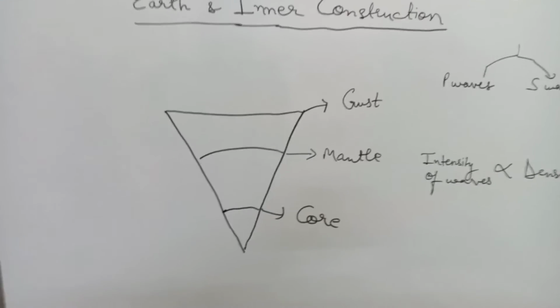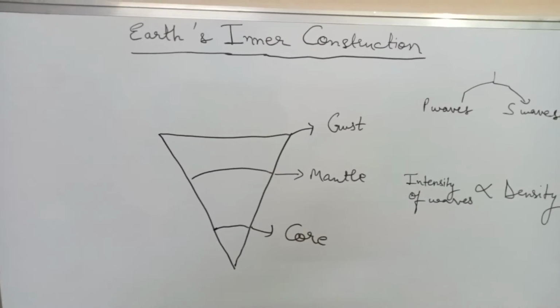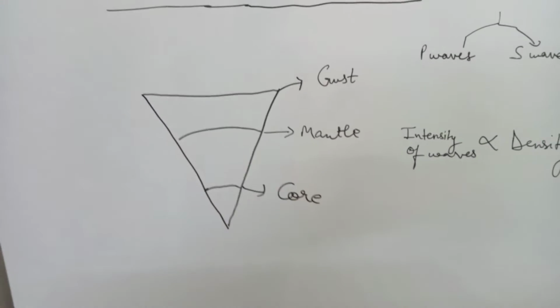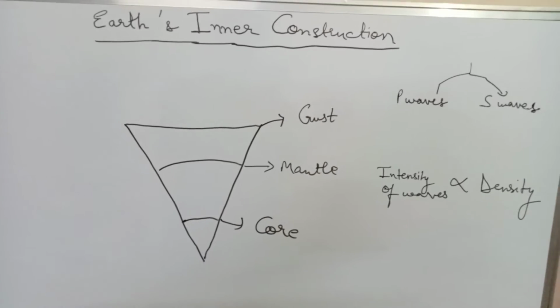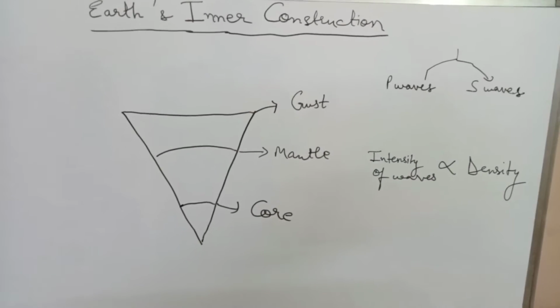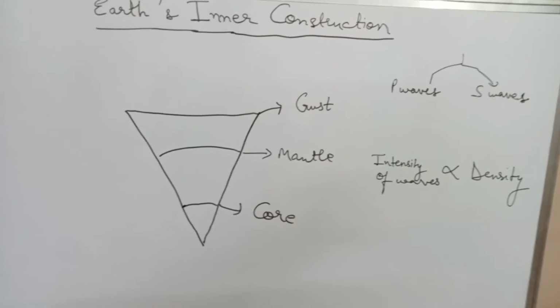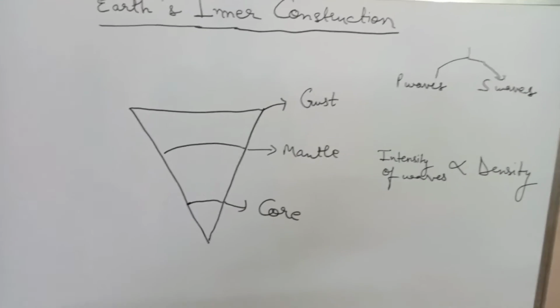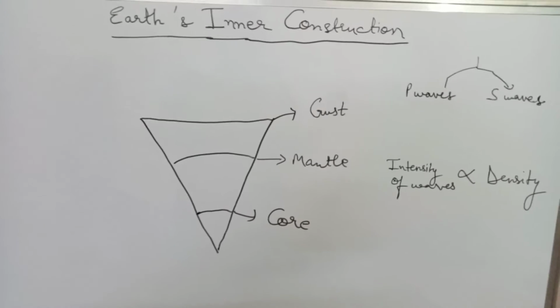When we encounter an earthquake, the two important kinds of waves are P waves and S waves. Different kinds of waves affect different levels of the Earth in their own ways.